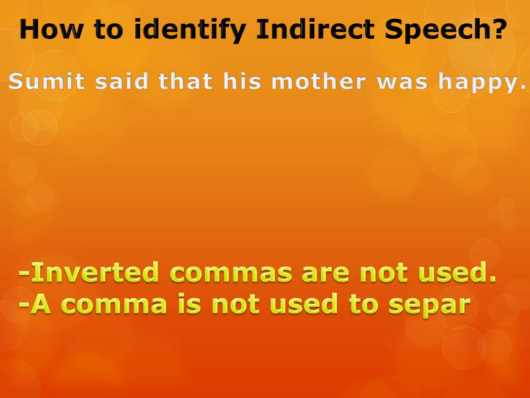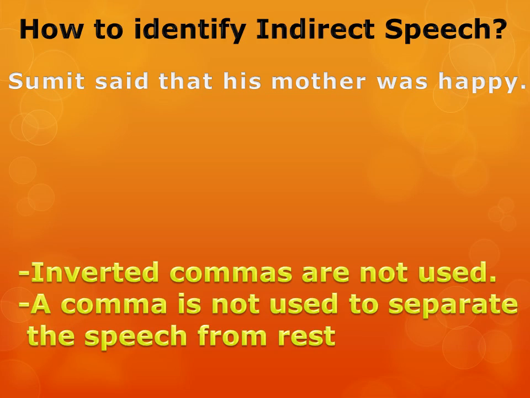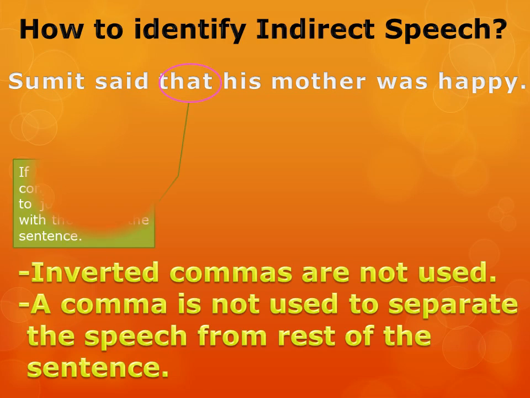A comma is also not used to separate the speech from the rest of the sentence. Instead, if required, a conjunction can be used to join the speech with the rest of the sentence. In this sentence, we have used the conjunction that.